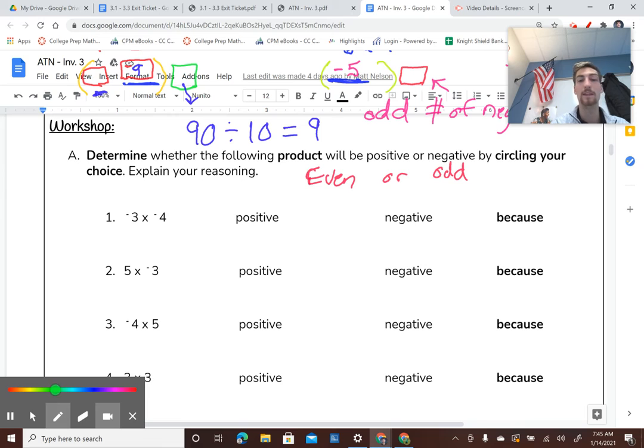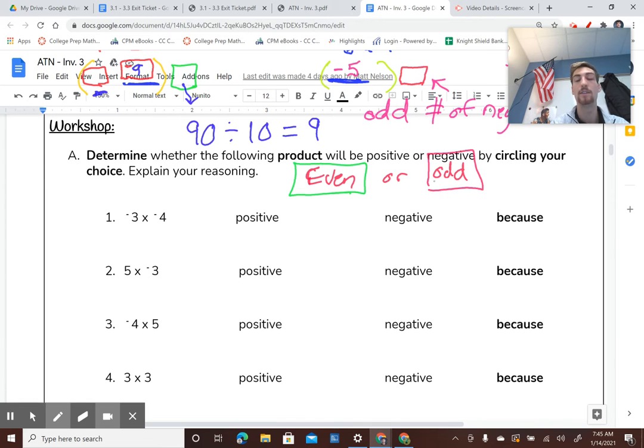Remember, if we have an even number of negatives, then we're going to have a positive answer. If we have an odd number of negatives in our problem, then we're going to have a negative answer. So I'm going to go ahead and circle all my negative factors here. And here I notice I have 2 negative factors, 2 negative numbers. Therefore, 2 is even.